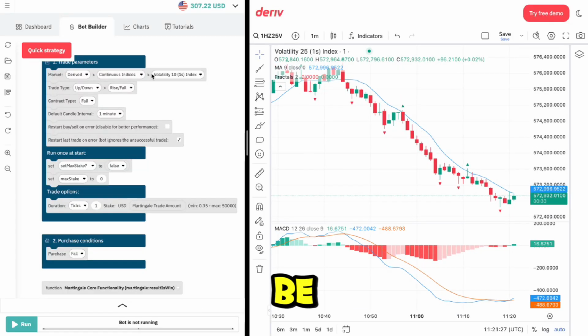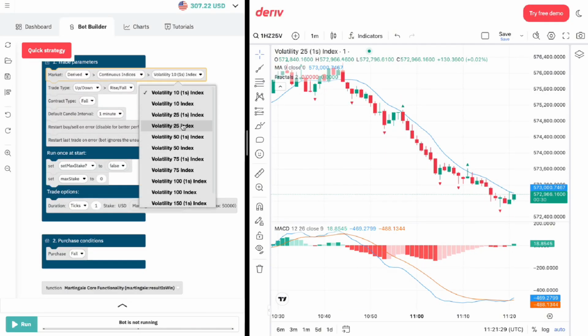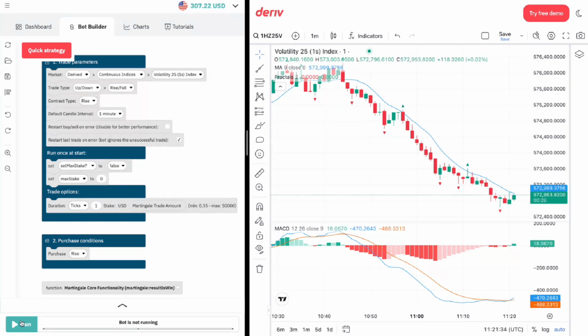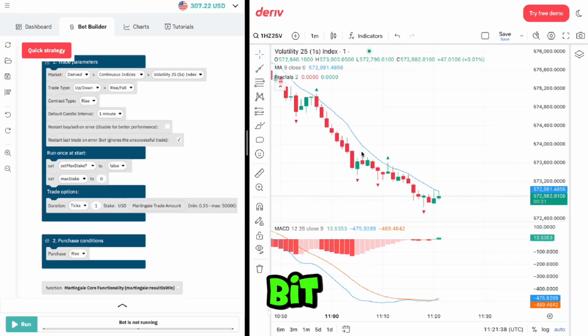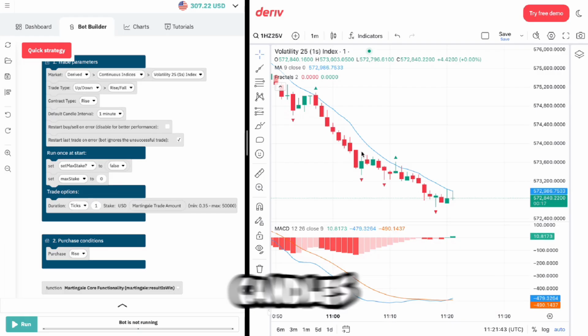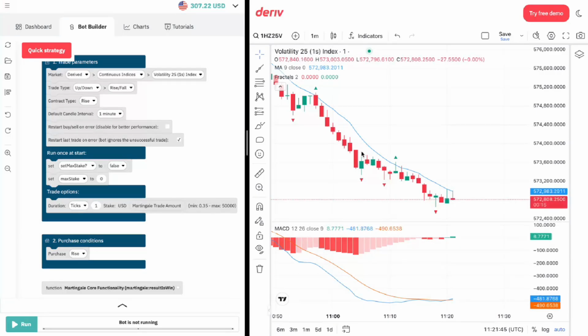Let's go. This seems to be a good rise. Very quickly rise. Let's just wait a bit for those candles to start getting strong.